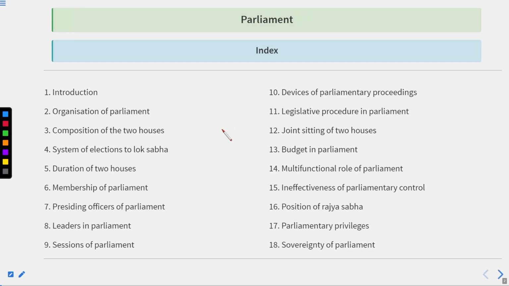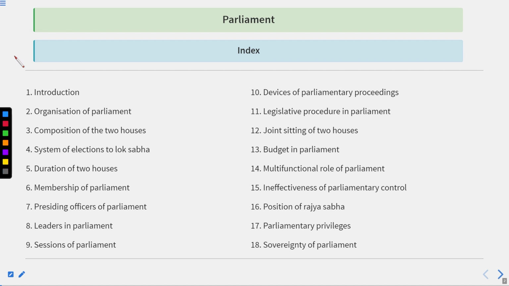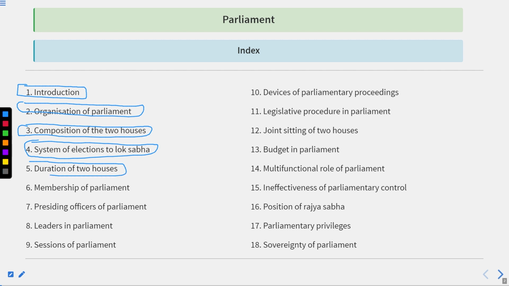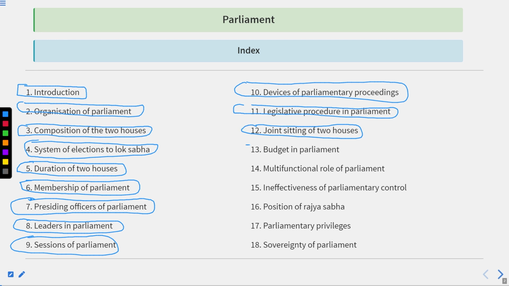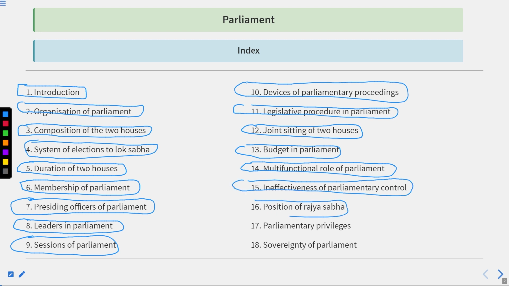These are the topics that we have scheduled for the discussion under this series: the introduction part, organization of parliament, composition of the two houses, system of elections to Lok Sabha, duration of two houses, membership of parliament, presiding officers of parliament, leaders in parliament, sessions of parliament, the devices of parliamentary proceedings, the legislative procedure in parliament, the joint sitting of two houses, the budget in parliament, the multifunction role of parliament, ineffectiveness of parliamentary control, position of Rajya Sabha, the parliamentary privileges and the sovereignty of the parliament.